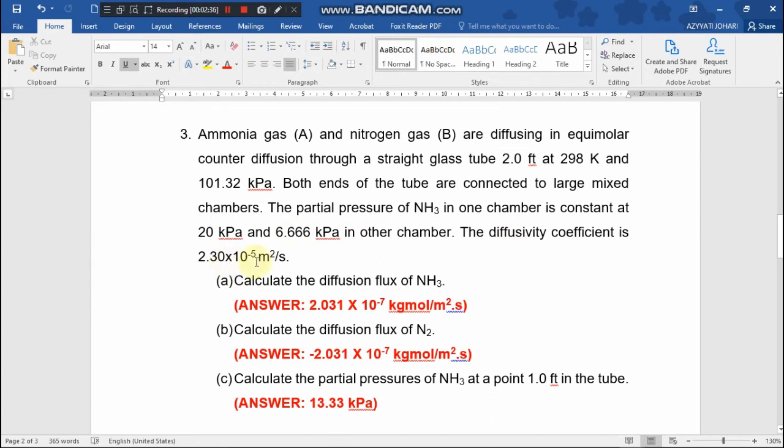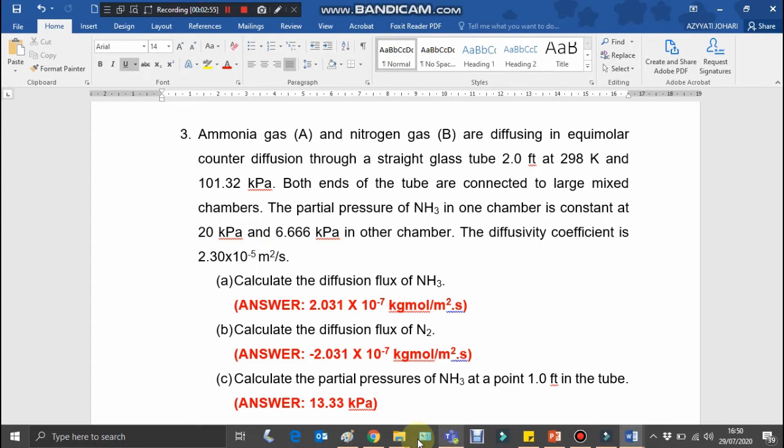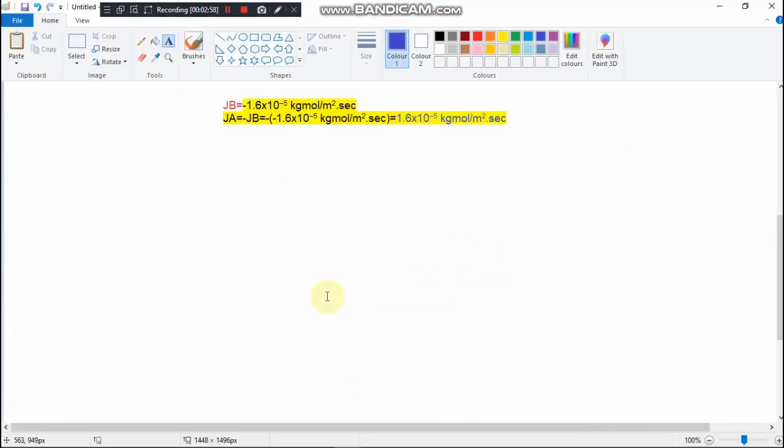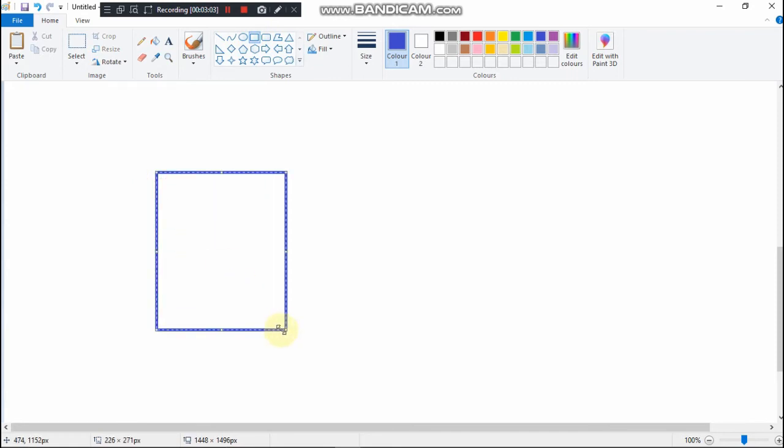If you recall back in the slide notes, there is a slide that shows the two chambers connected with a long pipe, and I stated there several equations used under equimolar counter diffusion. So for question number 3, just imagine that there are two large chambers.